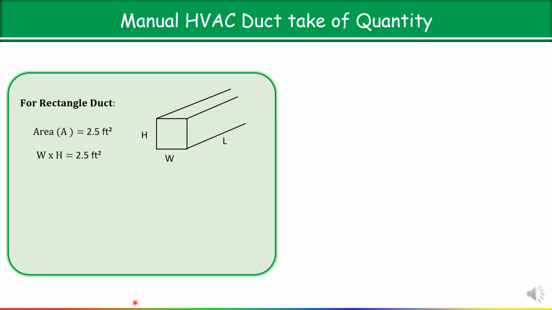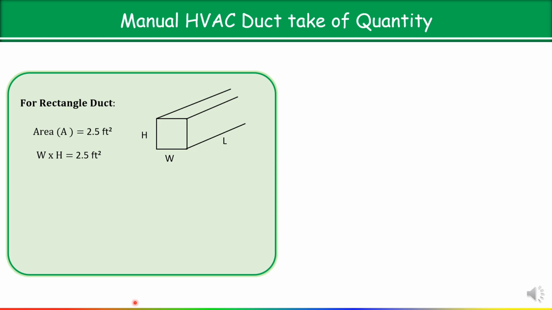Now, as per space availability, how much gap you have for the MEP services to run, or you can say the MEP service gap given by the architect, or the void above the false ceiling which we have to run the MEP services in. I am talking about that space.